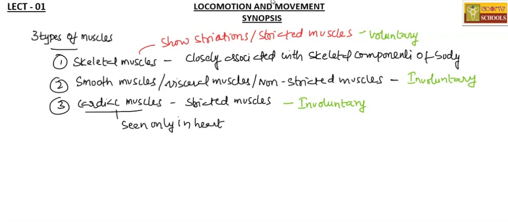Whereas smooth muscles and cardiac muscles will be under the control of the nervous system, but indirectly. For that reason, we have used the word involuntary. So smooth and cardiac muscles both are involuntary, whereas skeletal muscles are voluntary.